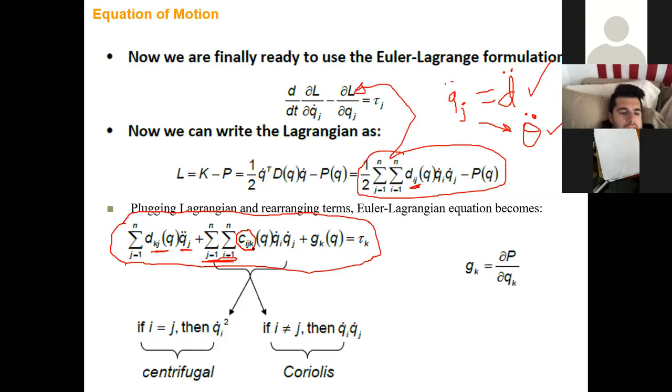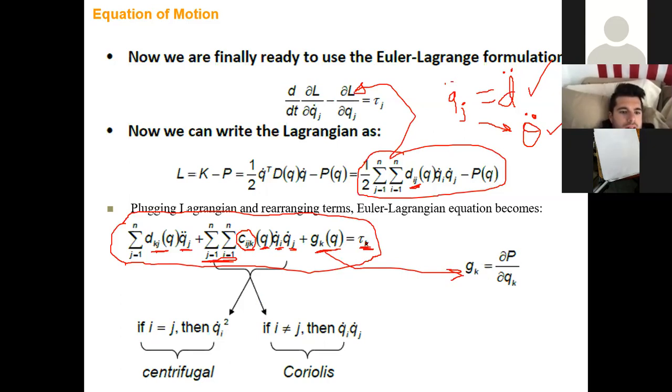Cij is a function of q. Now you have qi dot and qj dot, both of them velocity. Then you have gk of q, then you have tau k. What is gk? Gk is defined as the partial of p with respect to q.